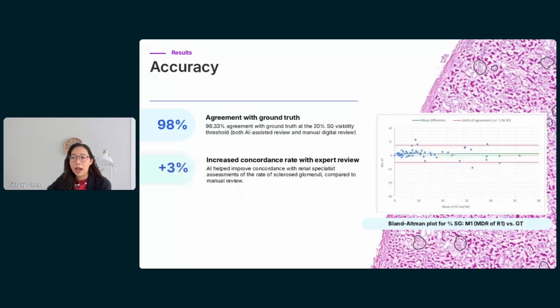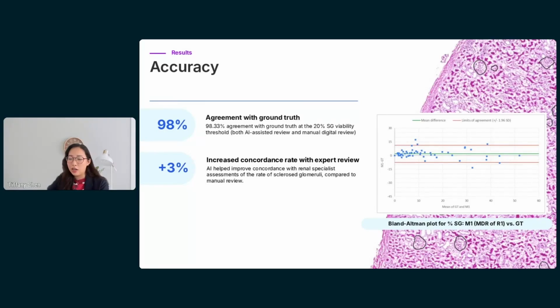The next one is accuracy. We looked at diagnostic accuracy, particularly how well the reviewers agreed with the ground truth that was established by the renal subspecialist. And again, we used the 20% globally sclerosed glomeruli cutoff, which is a critical threshold for determining transplant viability. With AI assistance, the reviewers achieved a 98% agreement with the expert's ground truth.